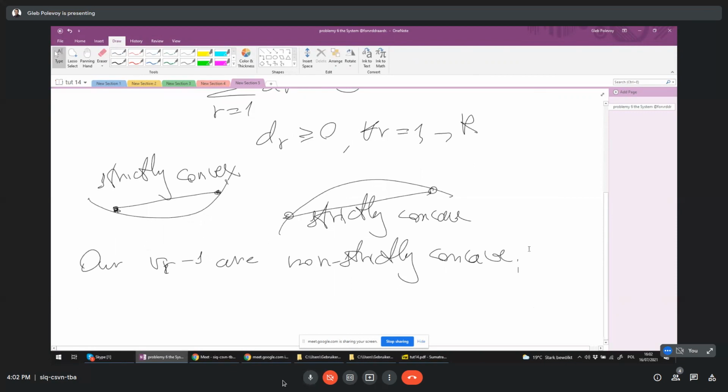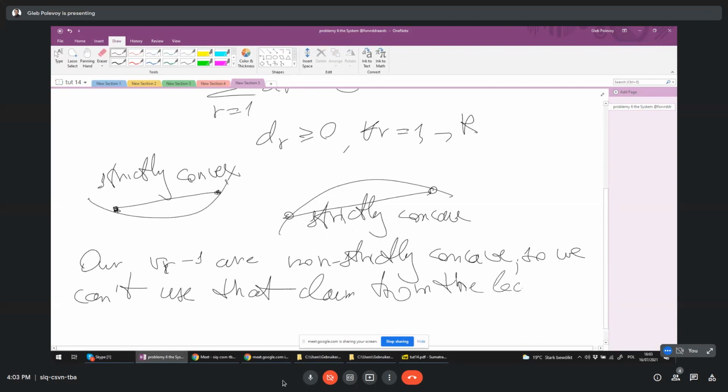So we can't use that claim from the lecture. But what we can maybe do is prove that there is still a unique solution, or show an example where it's not unique.